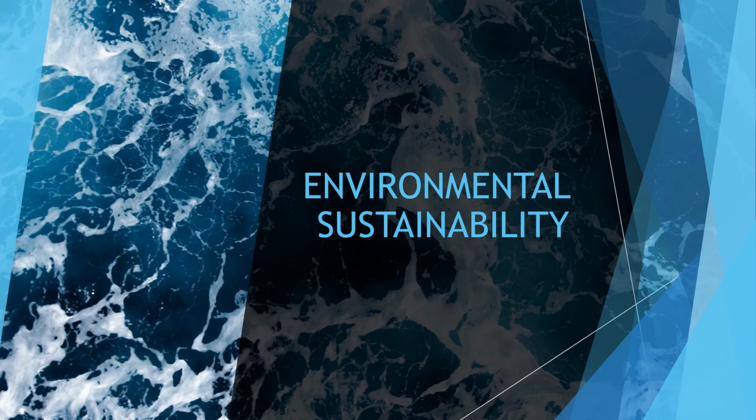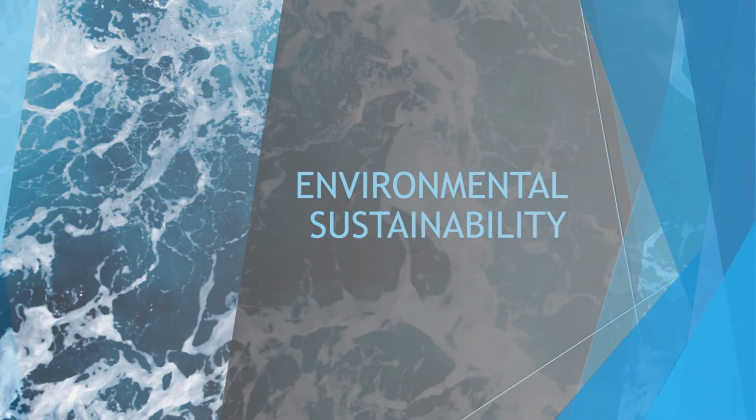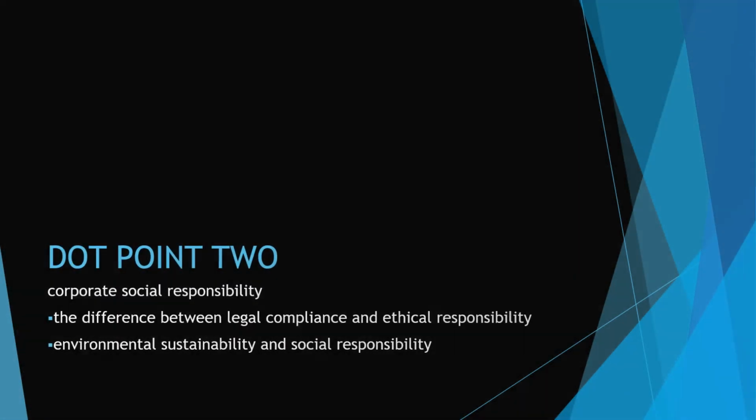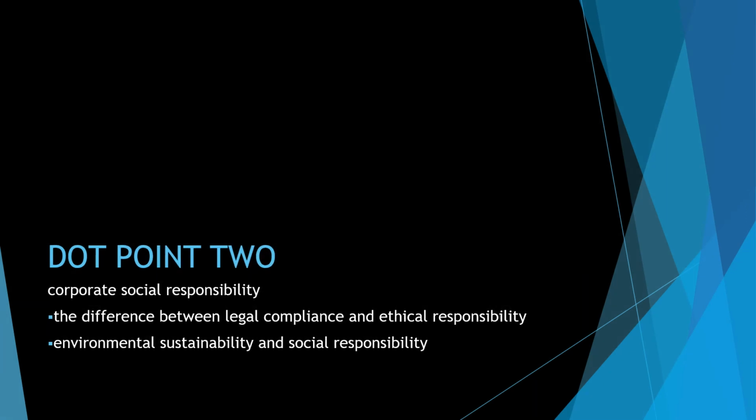Now, for the dot point, we've got corporate social responsibility and two little sub dot points of the difference between legal compliance and ethical responsibility, and then environmental sustainability again, because yes, they repeat it twice, it's really annoying, and social responsibility.